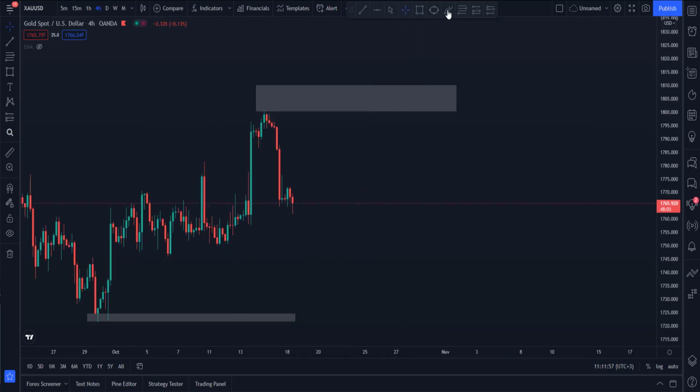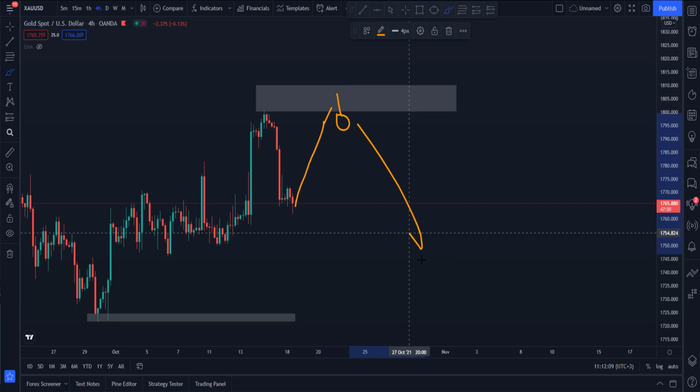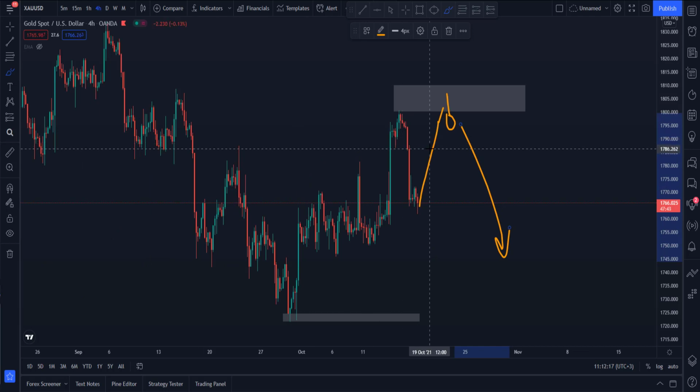Okay, to be honest, I think it would be much better if we see price coming up here, creating this double top, testing this resistance zone, giving us a nice reversal candle around here, and then I would be very happy to enter a short trade. That will also give me a much better risk to reward ratio as well.